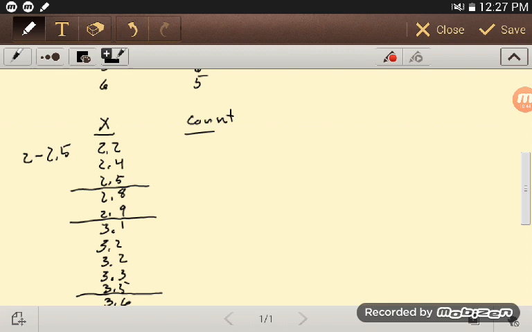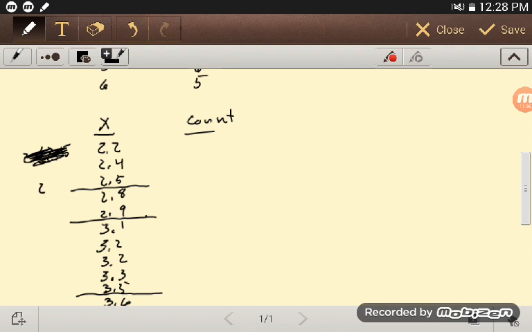I'm including the 2.5 in this block, and I'm including the 3 in this block here.